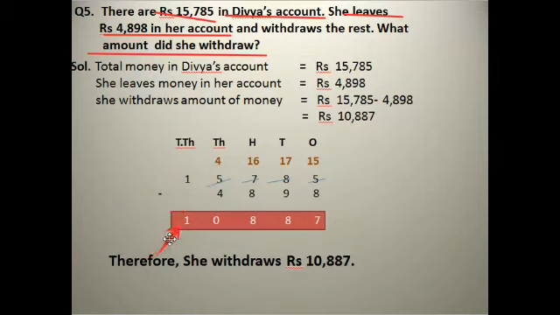We write 1 as it is and we get the number 10,887. And at last we write the answer. Therefore, she withdraws rupees 10,887.